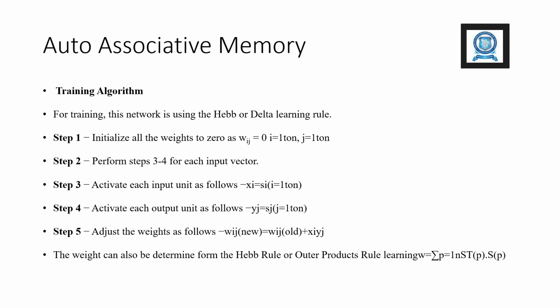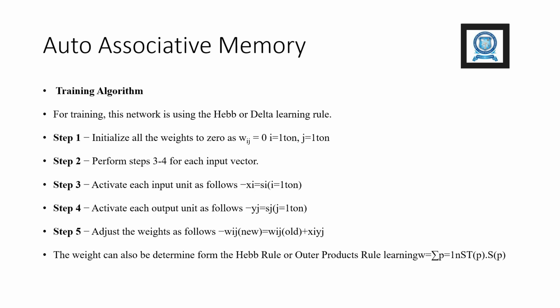Auto-associative memory training algorithm. For training, this network is using the Hebb or delta learning rule. Step 1. Initialize all the weights to 0. Step 2. Perform steps 3 to 4 for each input vector. Step 3. Activate each input unit as follows: xi is equal to si, i is equal to 1 to n. Step 4.